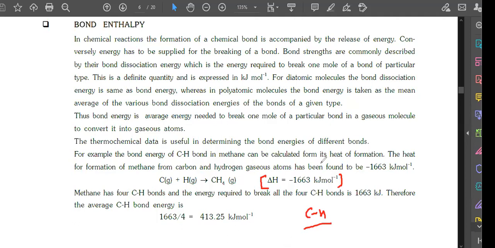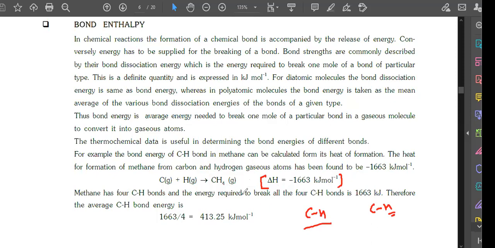Now this delta H is for this whole CH4. So if I ask you, what is the bond energy of CH bond? Tell me, what is the bond energy of this CH bond? Then what it will be? It will be this total energy divided by 4. Yes or no? Because this energy is energy released when 4 bond is formed.